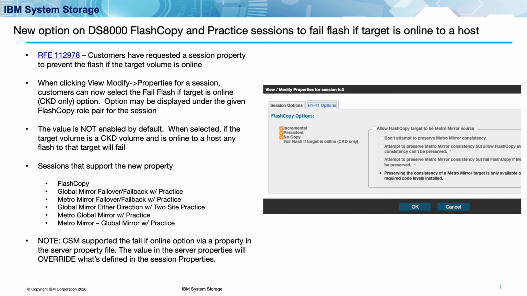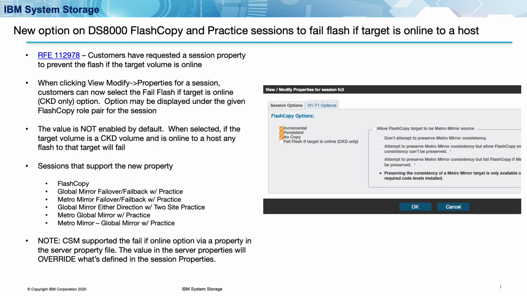Now, for the customers that have already set the server properties to specify that it should fail on the flash, I want to note that property will override the View Modify Properties setting. The reason it overrides is because I didn't want customers upgrading to this release and then forgetting to check that in the server properties, or not even knowing about it, and have the View Modify Properties override the server properties, and then all of a sudden it didn't fail the flash.